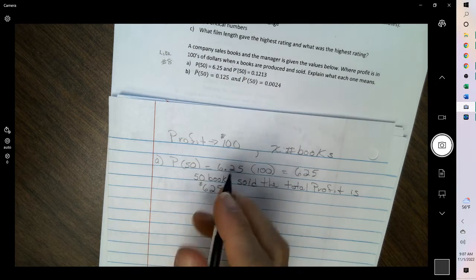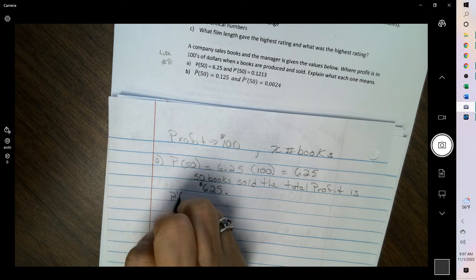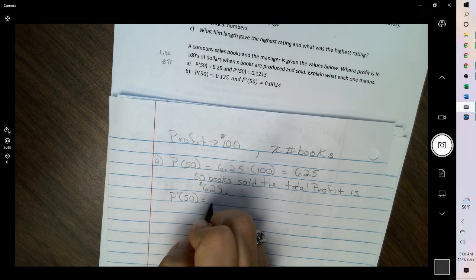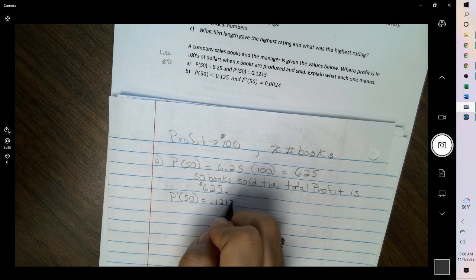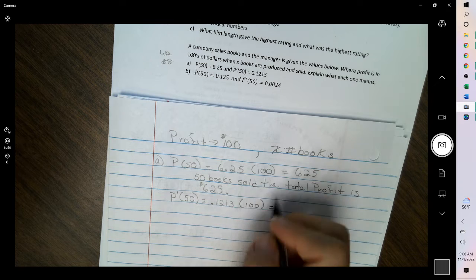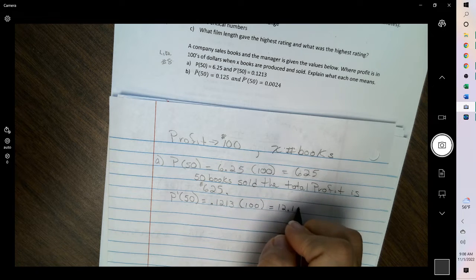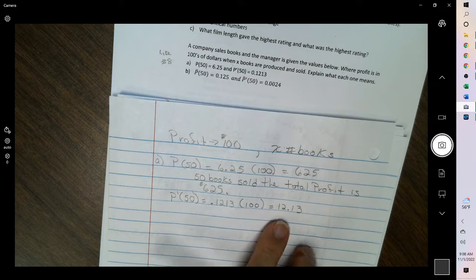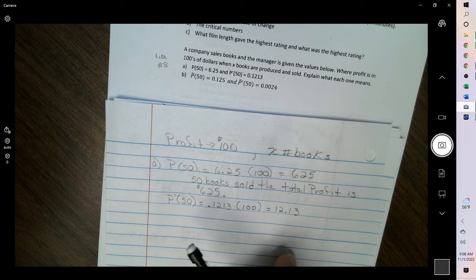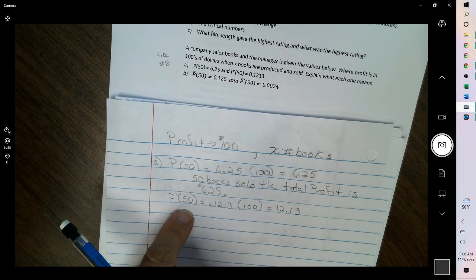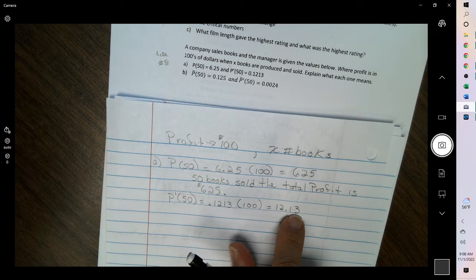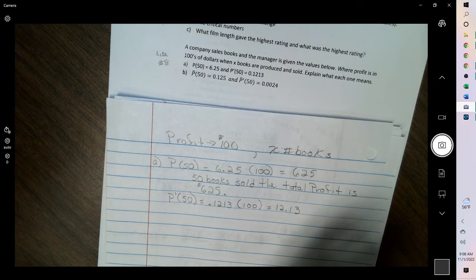And the next one is the derivative. So I multiply by 100. Now what this tells you is at 50 how it's changing. So if we sold one more book, the 51st book will bring a total profit of $12.13.